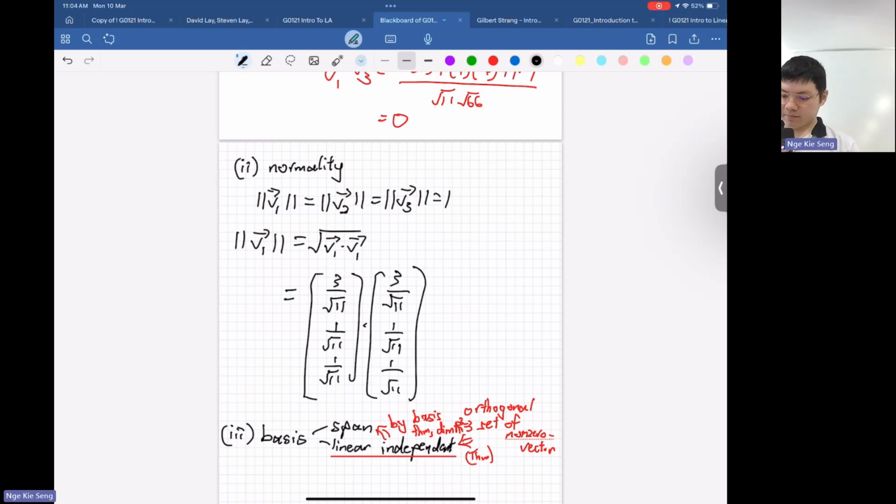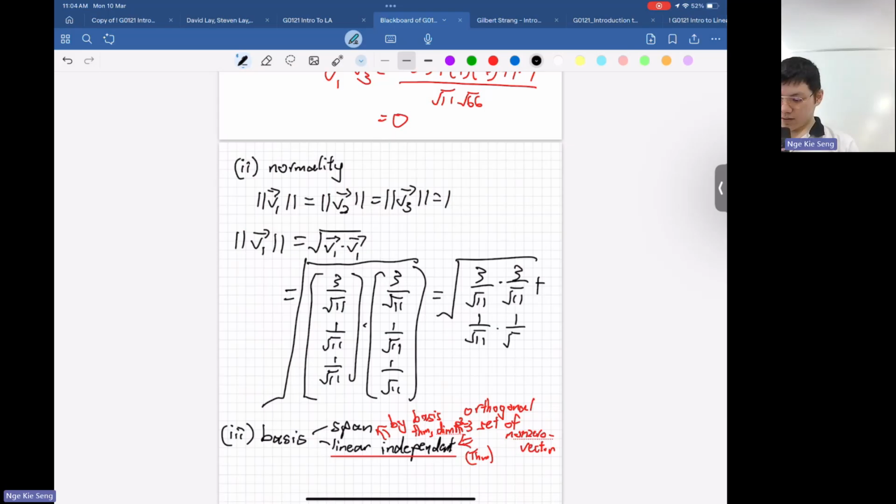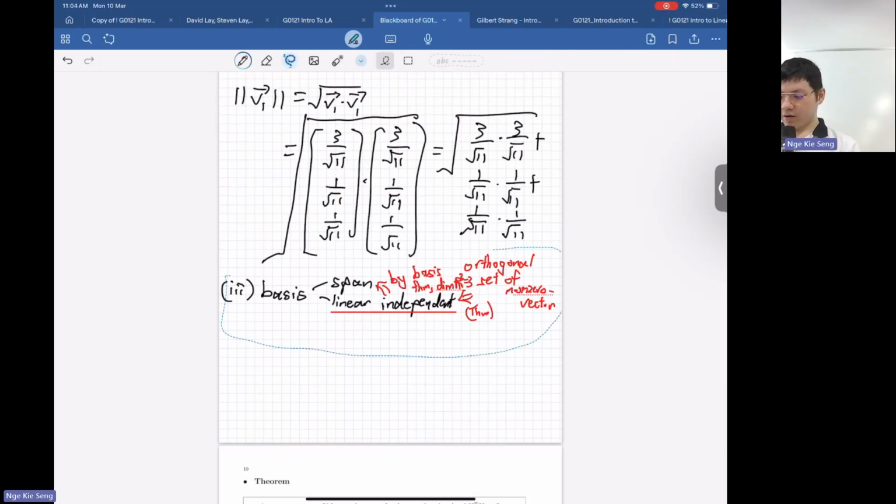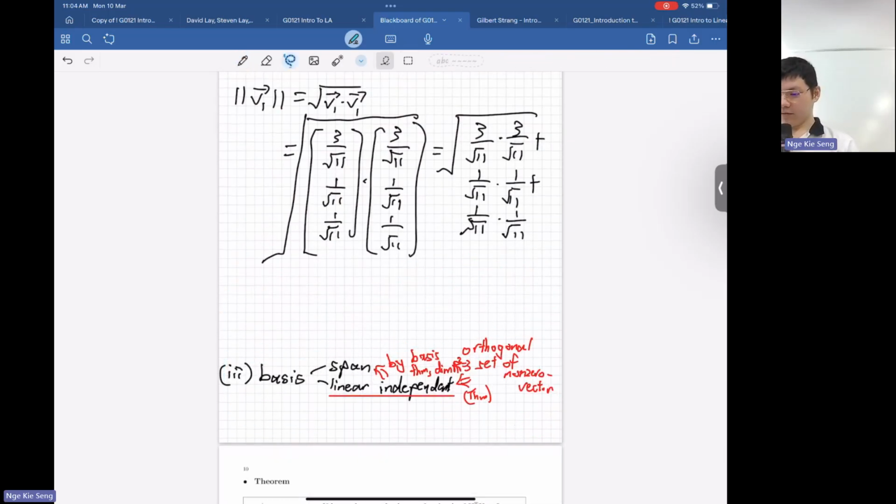And then you take square root. Okay, so what happens here? You have 3 over square root 11 squared plus 1 over square root 11 squared plus 1 over square root 11 squared. Okay, so if you want this to be 1, what should you hope for?